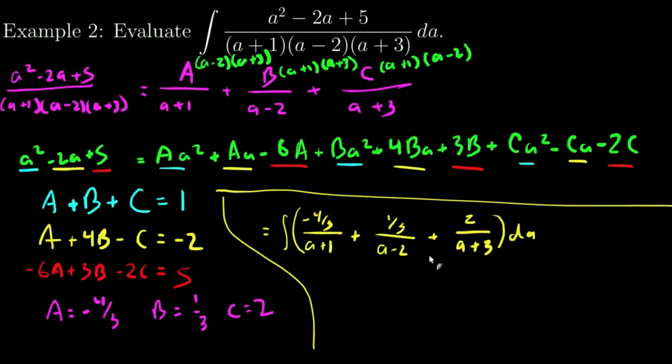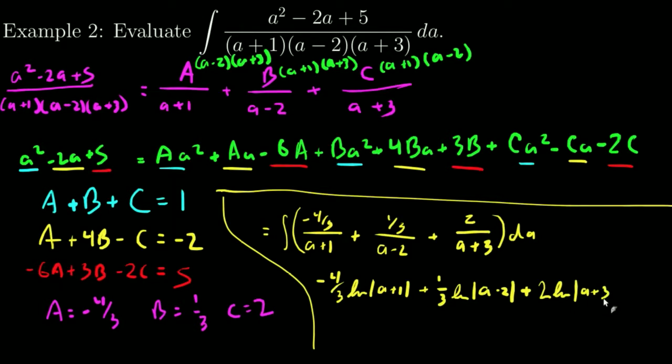And I can do the antiderivatives the same way. So these will be the coefficients because I can factor them out. They are constants. And I'll get negative 4/3 times the natural log of the absolute value of a plus 1 plus 1/3 times the natural log of the absolute value of a minus 2 plus 2 times the natural log of the absolute value of a plus 3, all plus C.